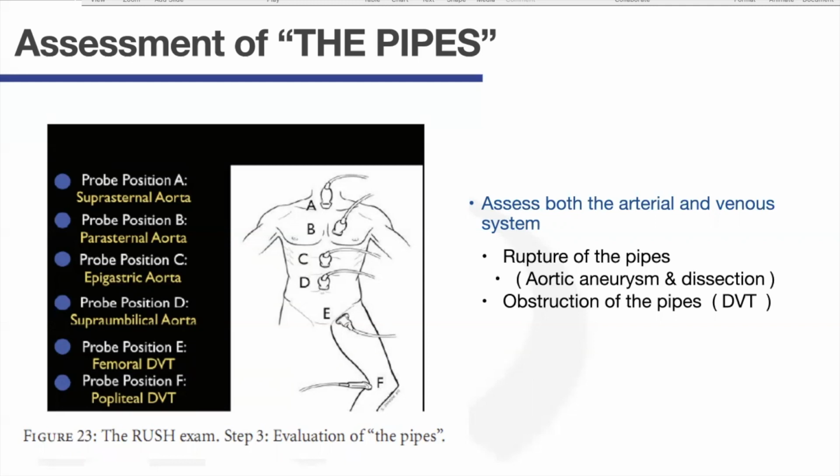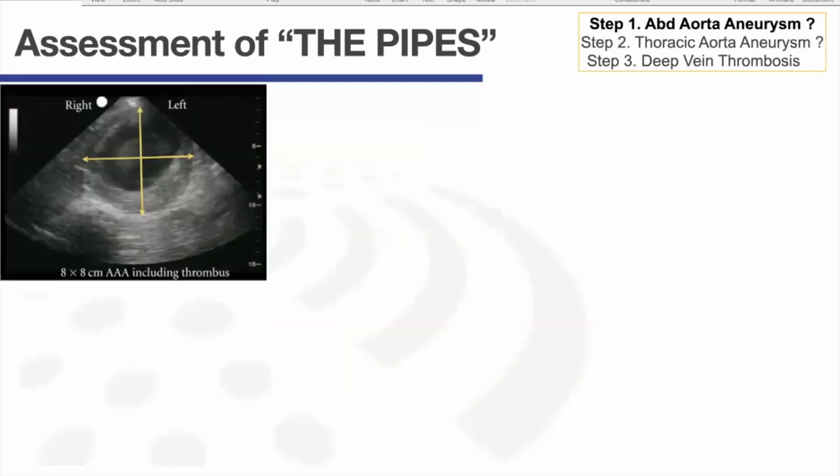In the venous system, we want to see whether there's any deep venous thrombosis in the femoral and popliteal veins. So the views that we will do are the aortic views, as well as the 2-point compression test of the lower limb veins.